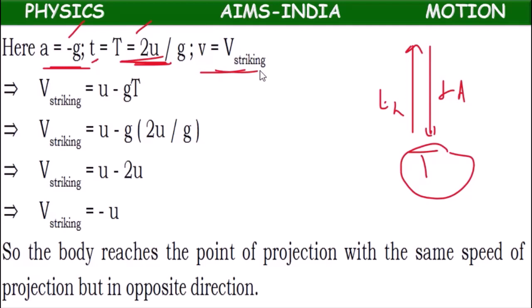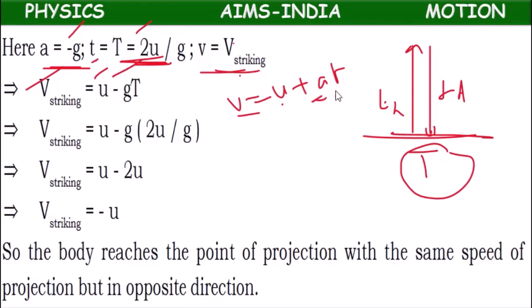So we have to find the striking velocity, with what velocity it will strike the point of projection. So we keep v striking. In the place of v = u + at, in the place of v we keep v striking, in the place of u we keep u, in the place of a, minus g, and in the place of small t, capital T, the time of flight.